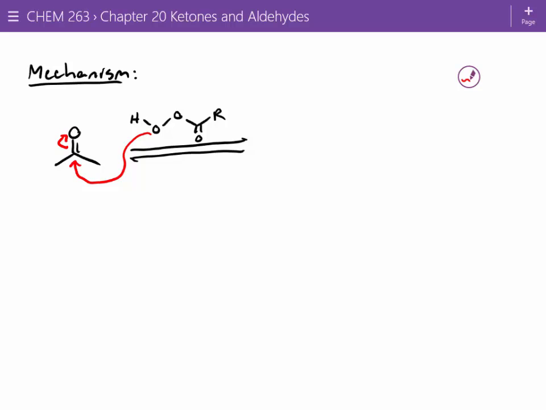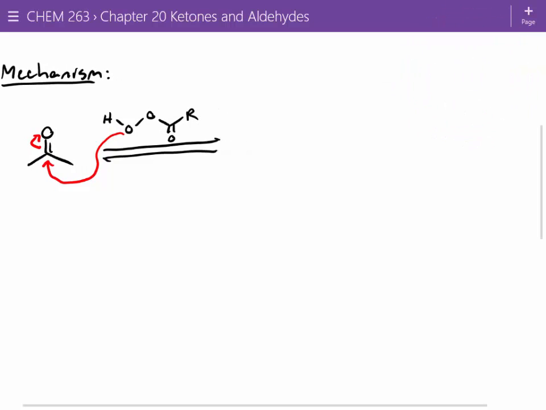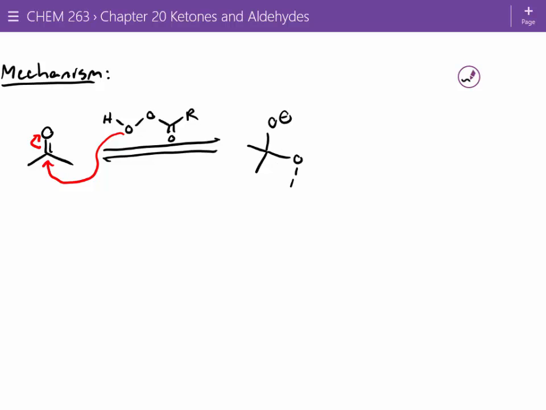Kick up electrons onto that oxygen. Now this oxygen has a negative charge. And the oxygen that added in has a positive charge.